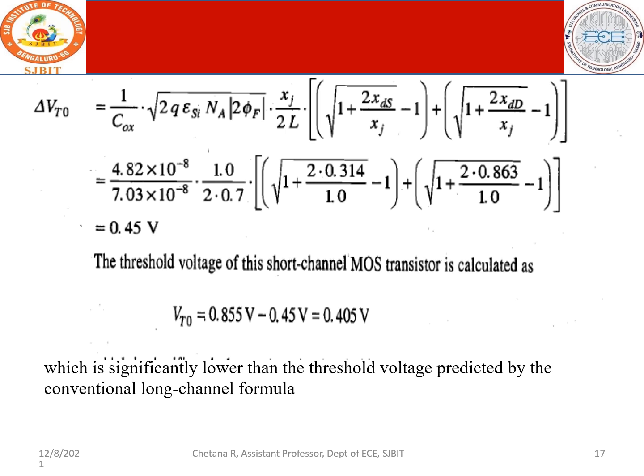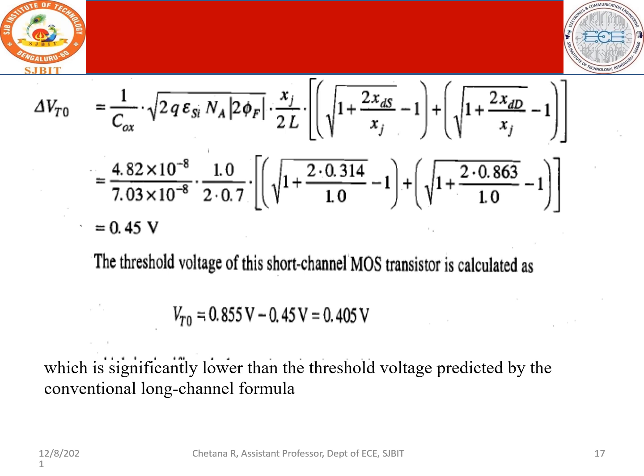And if you substitute XDD and XDS as given already here, 0.863 and 0.314, we get the difference delta VT naught as 0.45. So this is the threshold voltage because of the short channel. It is VT naught is equal to 0.855 volts minus 0.40. Therefore this is the threshold voltage because of the short channel.